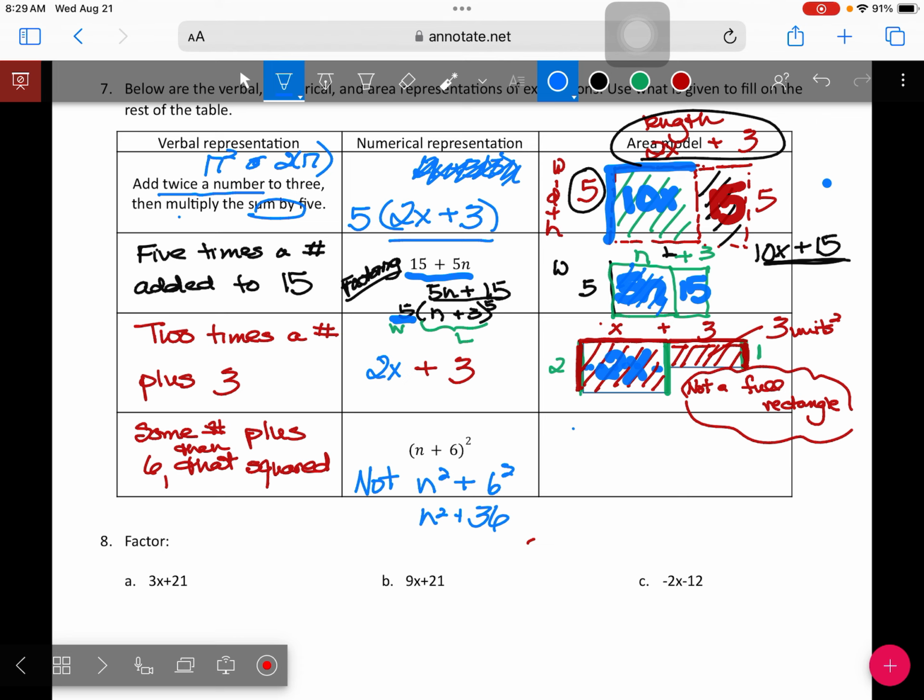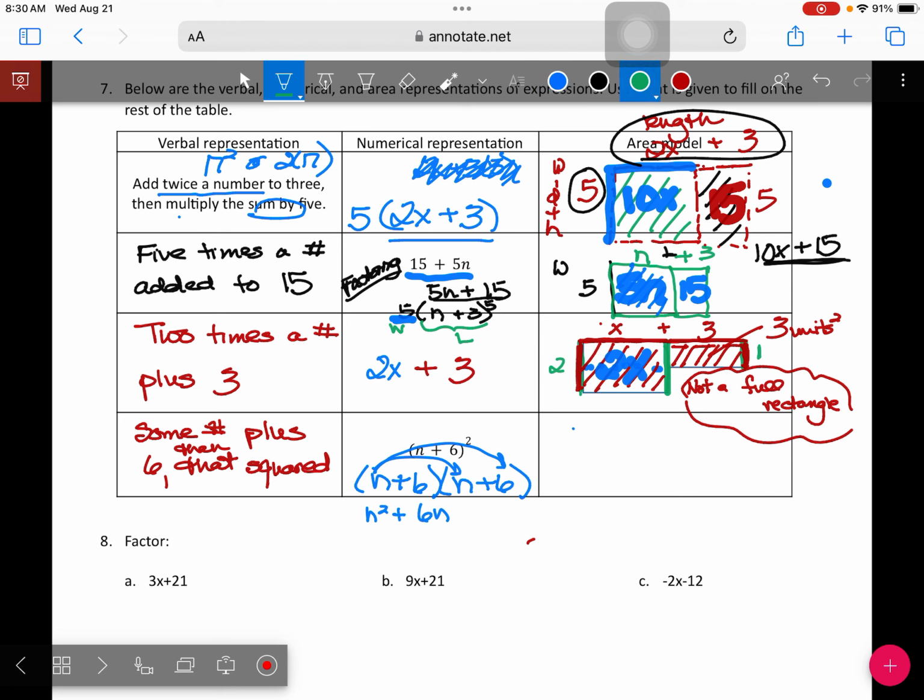Is it like 2n plus? It is not 2n. No. What I suggest is actually writing it out and saying n times n times 6. So that is n squared plus 6n.